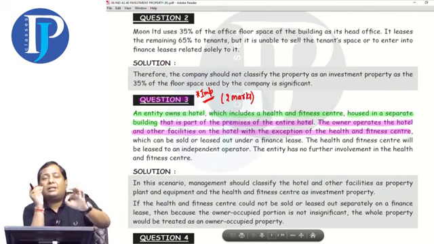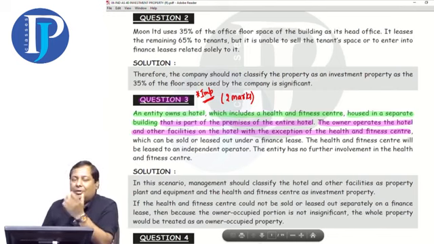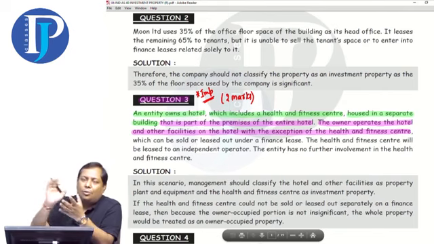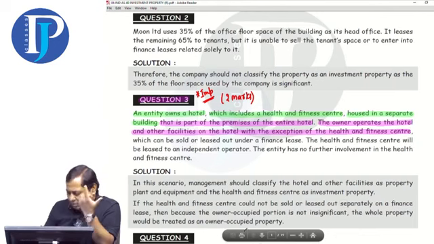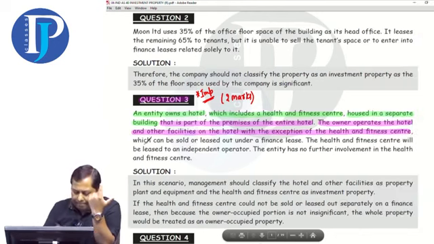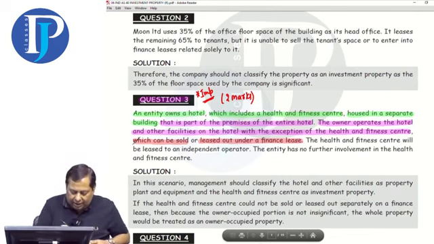But when we talk about the health and fitness center, they don't operate it. This means the hotel management is managing the entire hotel, just not the gym. They are trying to say that it can be sold or can be leased out under a finance lease.